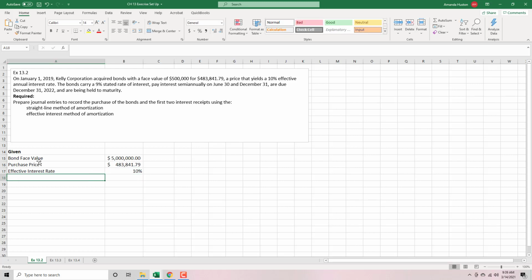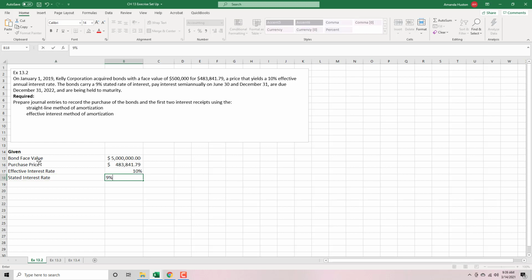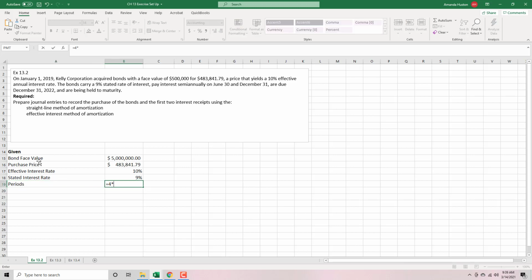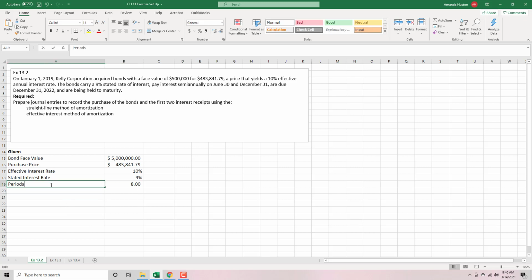We have a stated interest rate of 9%, and number of periods equals 4 years. It's a 4-year bond times 2 because it pays semi-annually. I'm just going to put this in quotes, semi-annually.